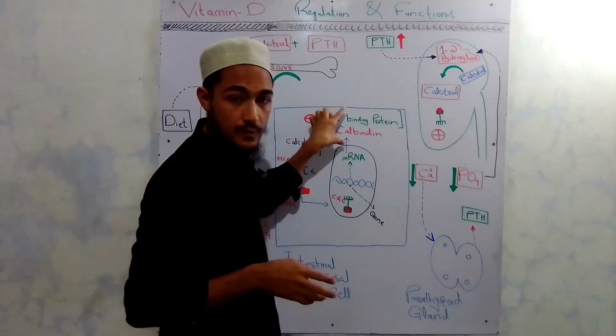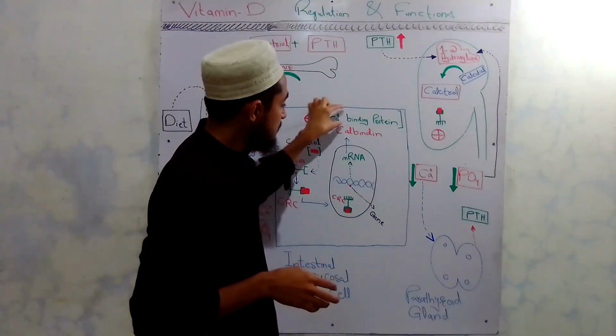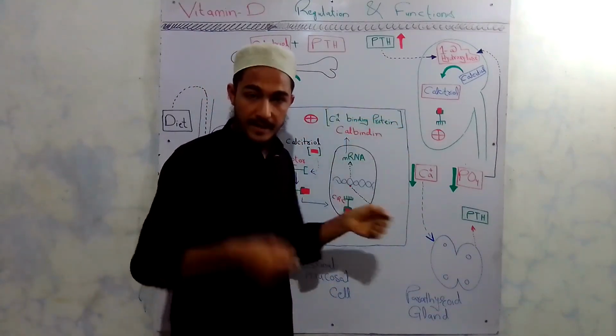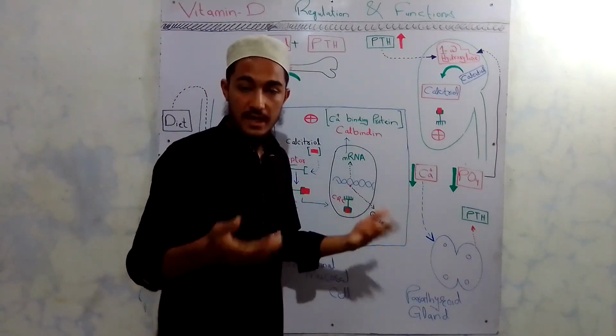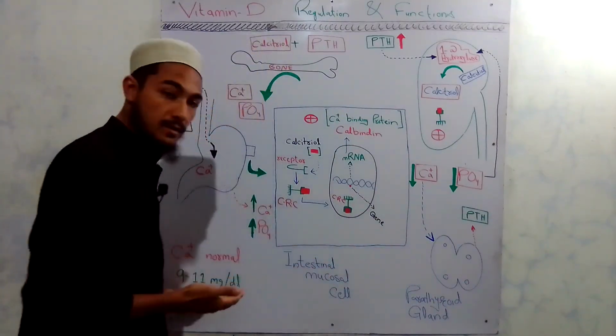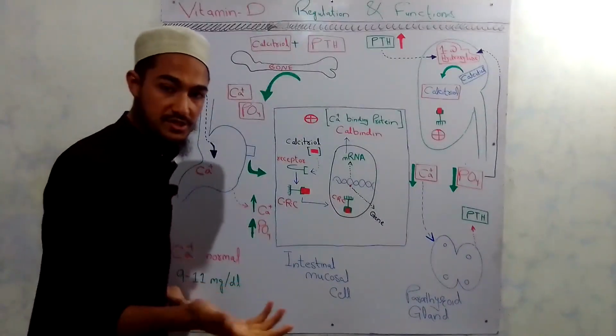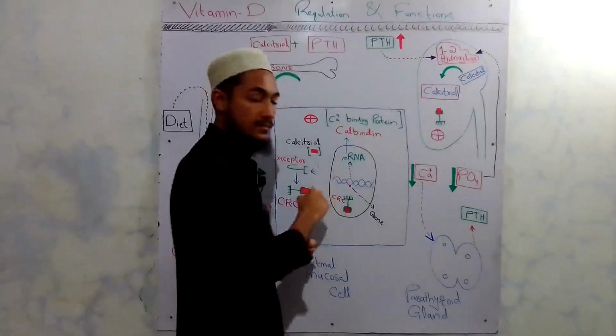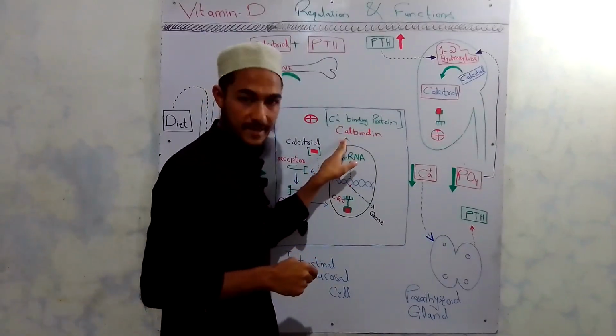That specific protein is called calcium binding protein, because that protein helps in the binding of calcium to restore the calcium to the normal level in the blood plasma. This calcium binding protein is also known as calbindin.